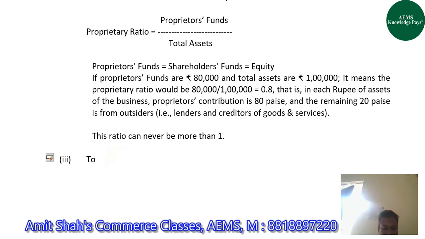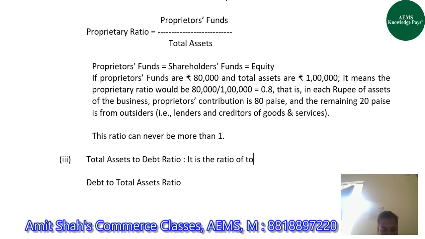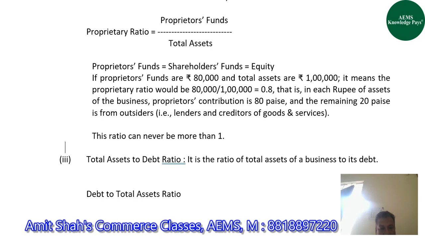Now, guys, the next ratio is, do not write this, total assets to debt ratio. This is for CBSE students, guys. And ISC students have debt to total assets ratio. That is the reciprocal of the first one. So it is the ratio of total assets of a business to its debt. Okay, here guys, total assets means what?